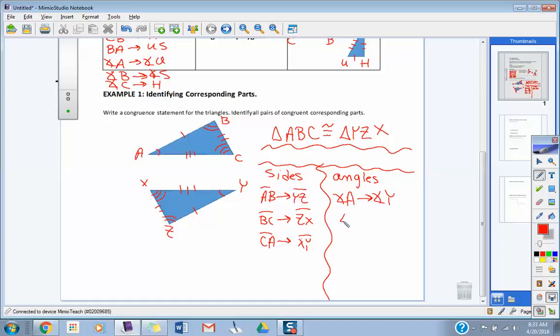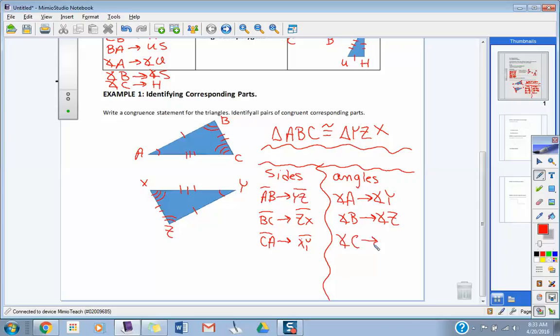What's angle B have to correspond to according to the orders up here? Z. You are very BZ today. All right. And check it out. How many arc marks to B? How many arc marks to Z? So does it work just by going by order or by diagram? Works pretty well, doesn't it? Okay. And then finally, what's angle C match up with?